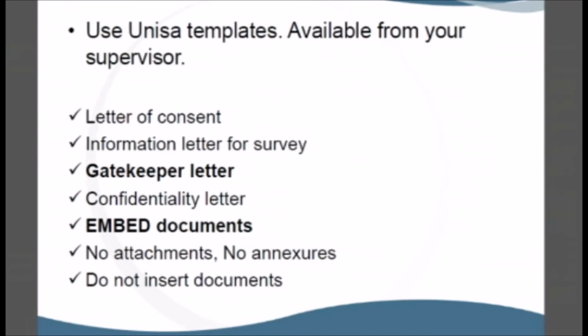Then documents need to be embedded in your application form. If you are going to apply with Form 1, if there are human participants, it's quite a lengthy document. So we do not want you to include the gatekeeper letters, the participants' information letters, letters of consent, your measuring tools, to add them as annexes or appendices.